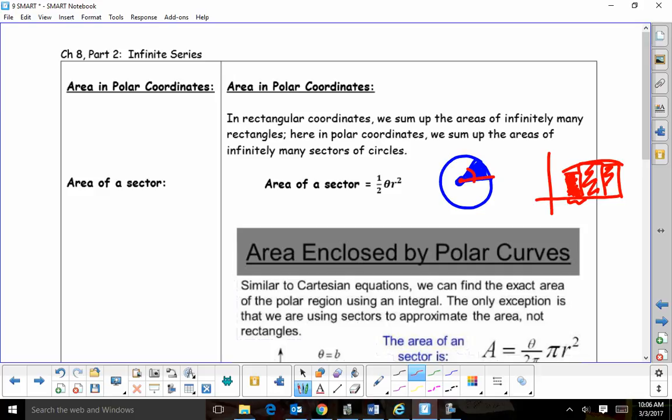It's the same concept here. So we're making these theta values go to 0. You're making this angle go to 0 here. Does that make sense? And you're doing all those instantaneous.